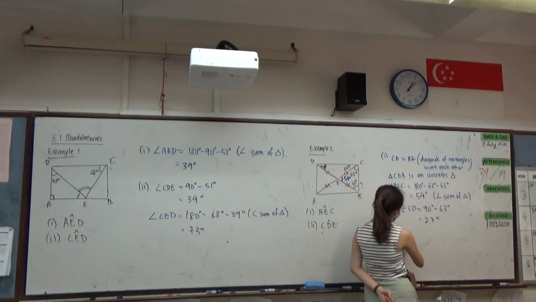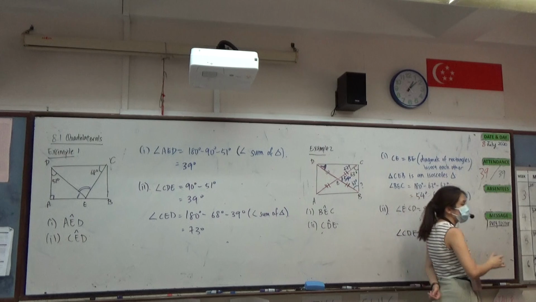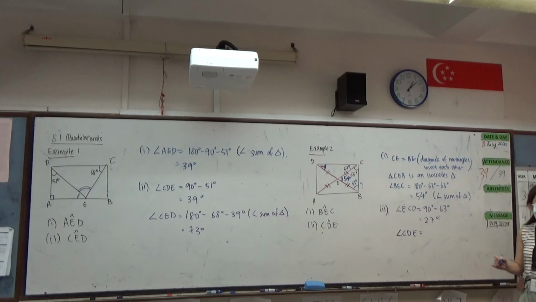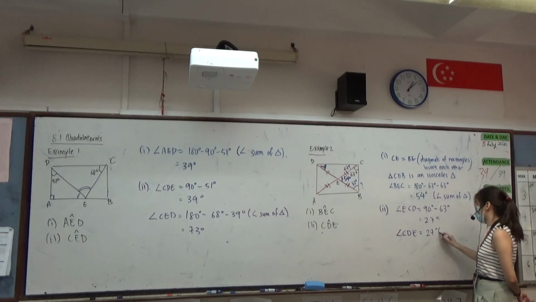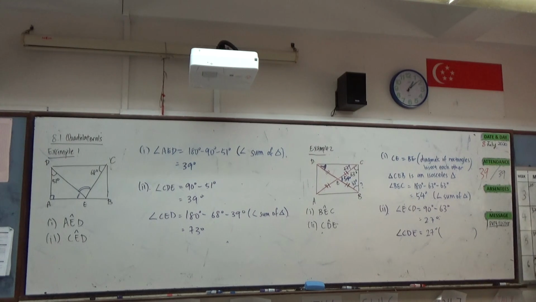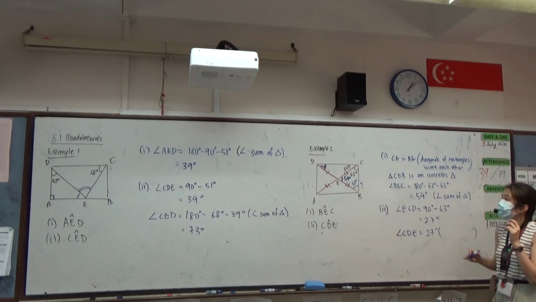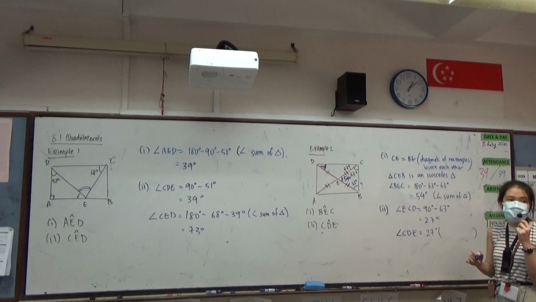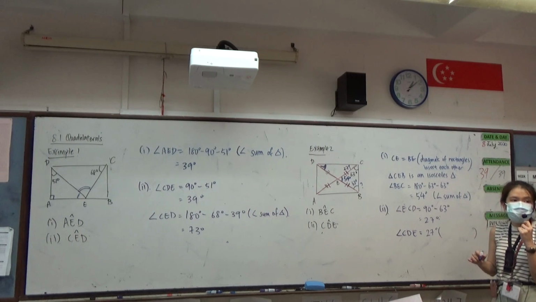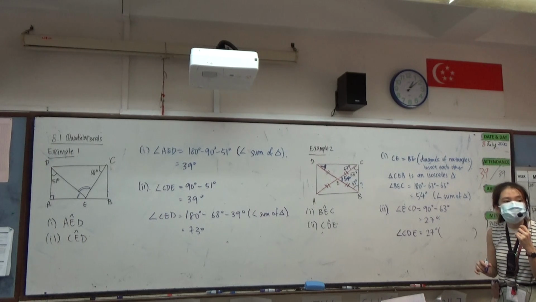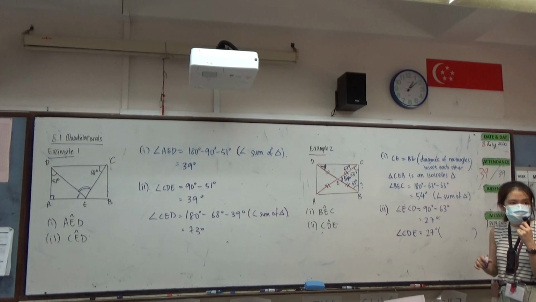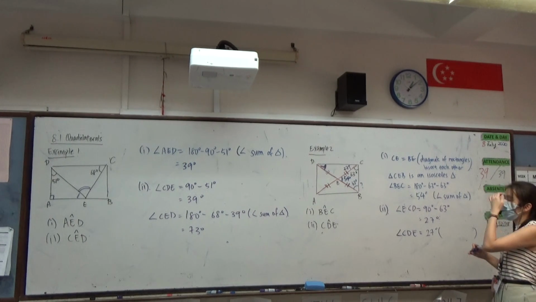CDE equals to 27 degrees. But why? Because DE and EC both are equal.